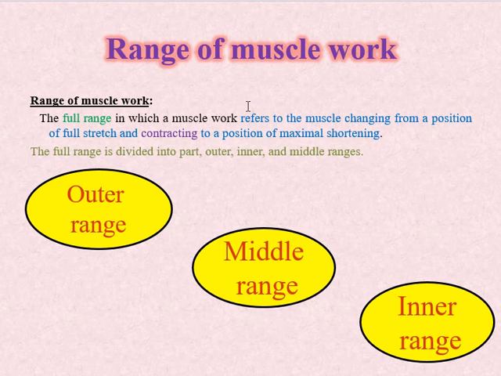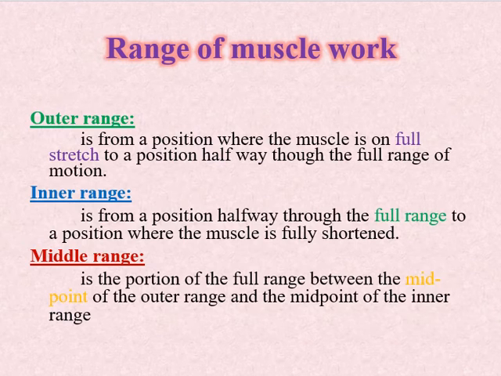For example, in elbow flexion and extension, when your elbow is straight, start from that position and move your elbow into a shortened position, touching the shoulder. That is the range. Full range is further divided into three parts: outer, inner, and middle range. Now look at their definitions.